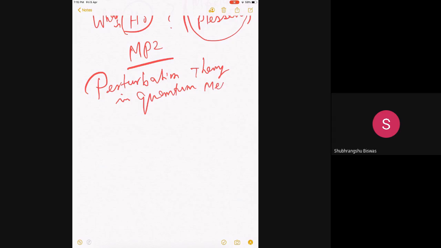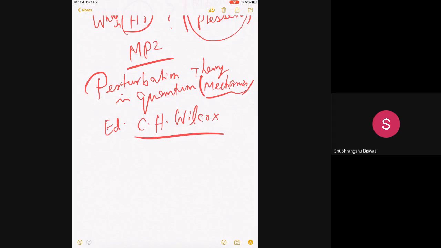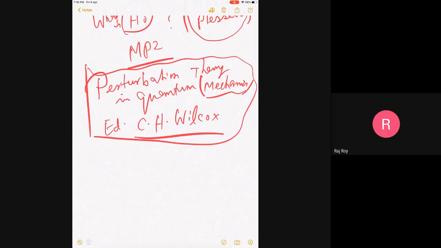But maybe quantum mechanics, I don't know. It is an edited book by C.H. Wilcox. It's a wonderful book. It might be there in the library, for those who want to learn more about perturbation theory. Of course, I'm going to do only a few pages from the Wilcox book.